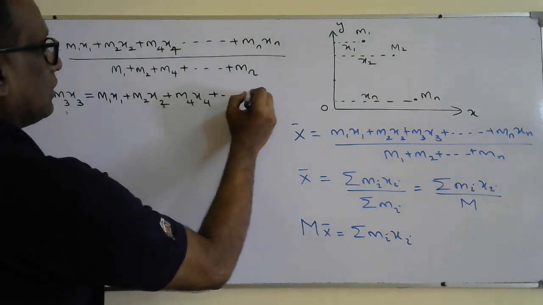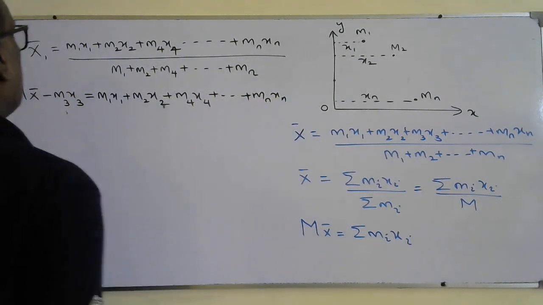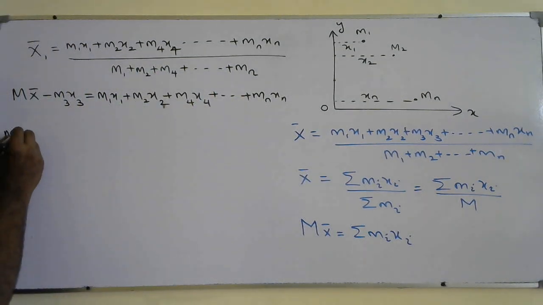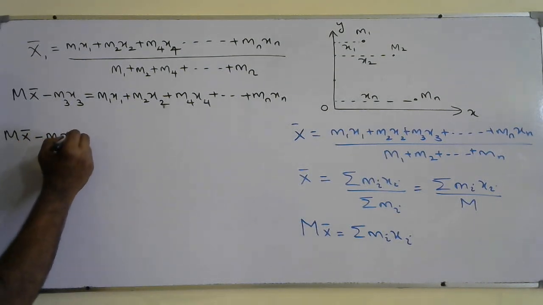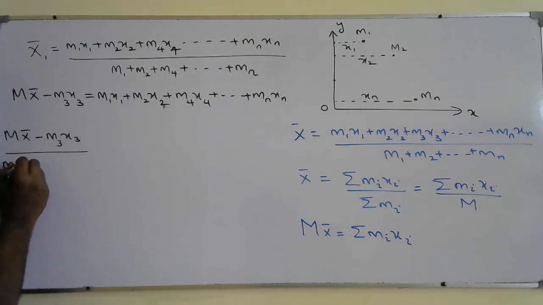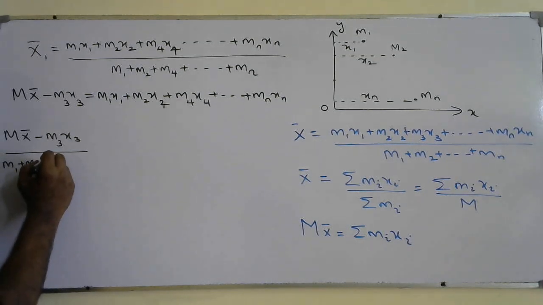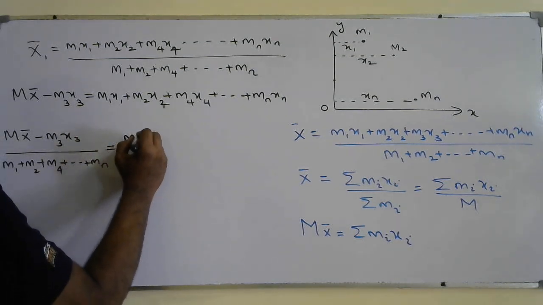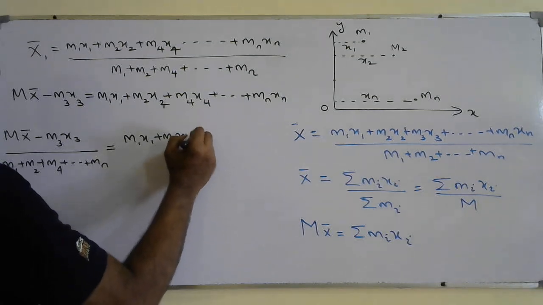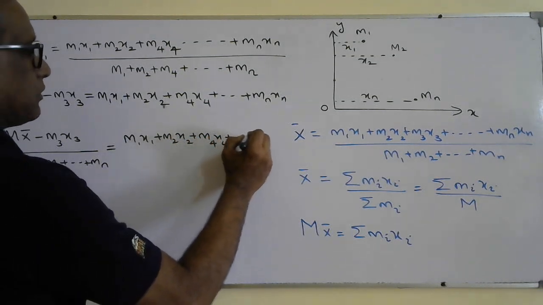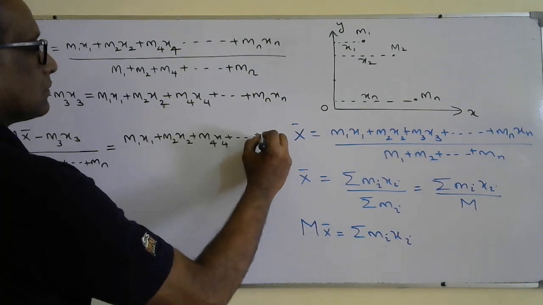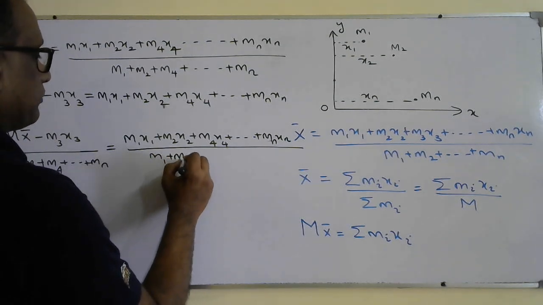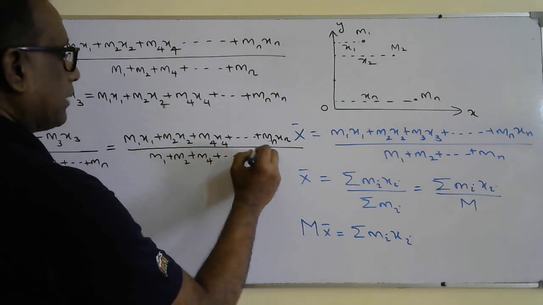Now divide the whole equation by m1 plus m2 plus m4 up to mn. So M x bar minus m3 x3 over m1 plus m2 plus m4 up to mn, m3 is not there, is equal to m1 x1 plus m2 x2 plus m4 x4 up to mn xn over m1 plus m2 plus m4 up to mn.